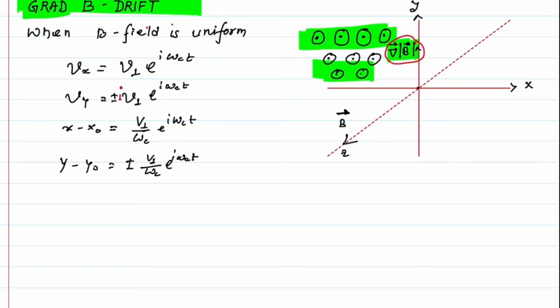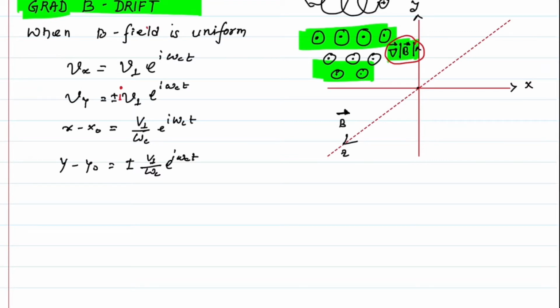Now you see, suppose this is an ion moving in this region like this.